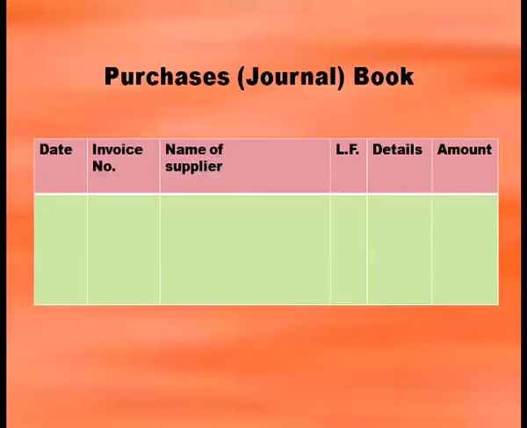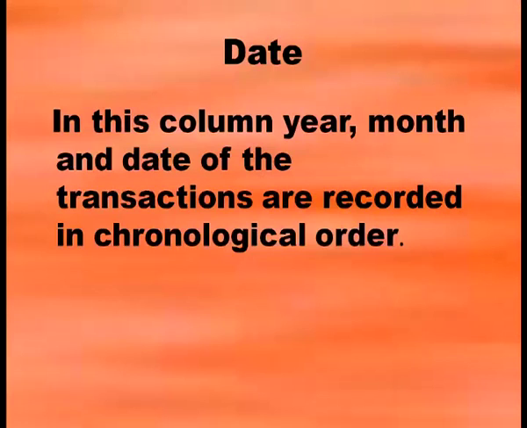You have to write the purchases book according to the format, that is with date, invoice number, name of supplier, ledger folio, details and amount columns. In the date column, year, month and date of the transactions are recorded in chronological order, that is in the order of occurrence, in the order of dates.